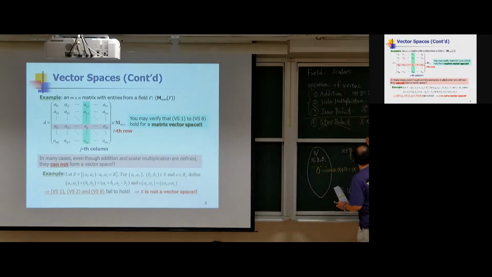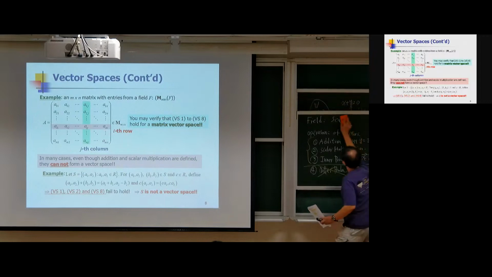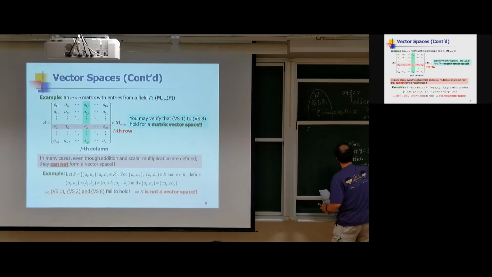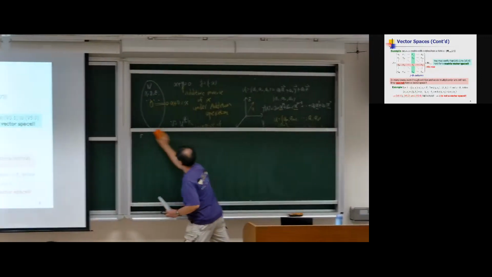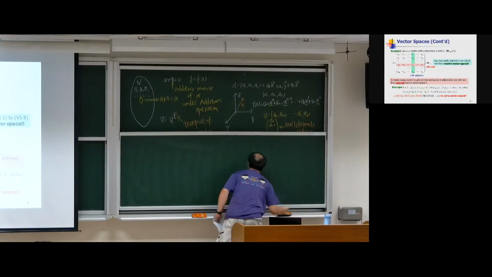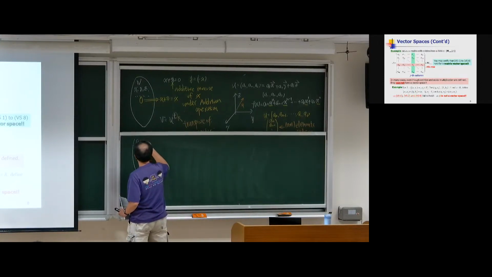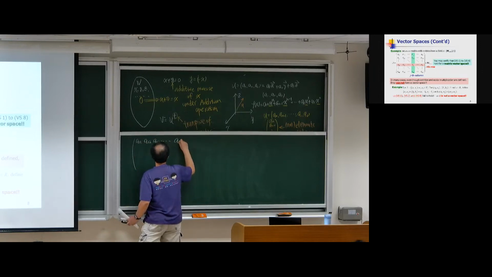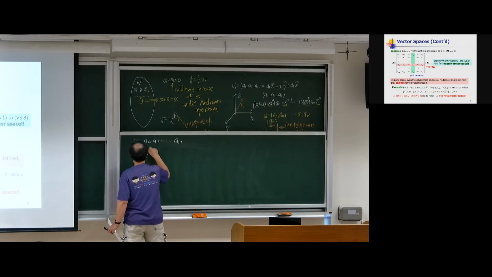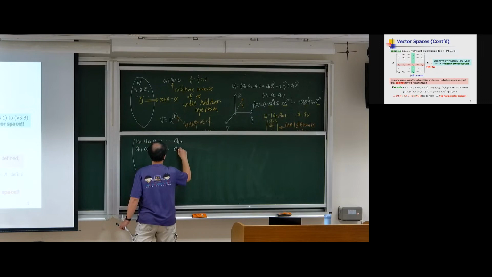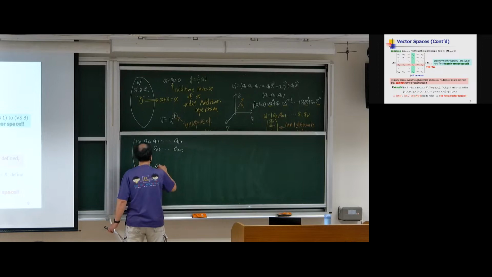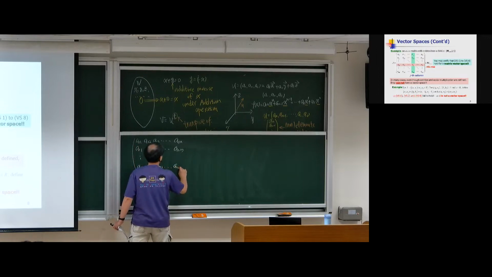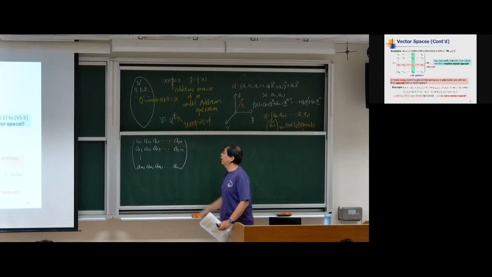So right now I have a matrix A11, A12, A13, to A1n, A21, A22. So I have m rows and n columns.